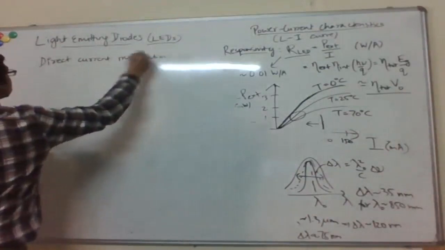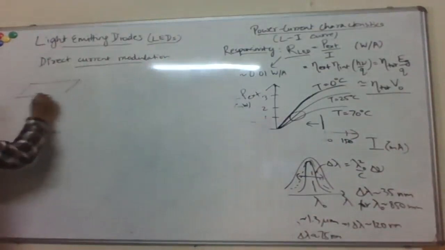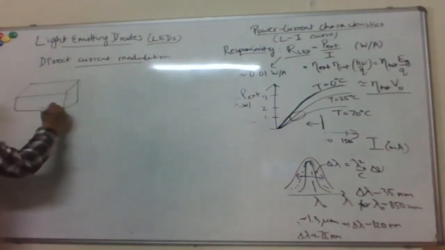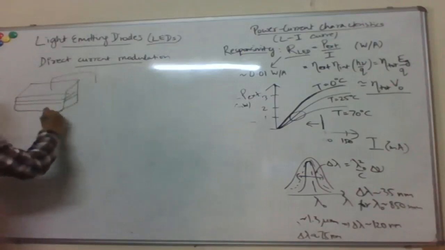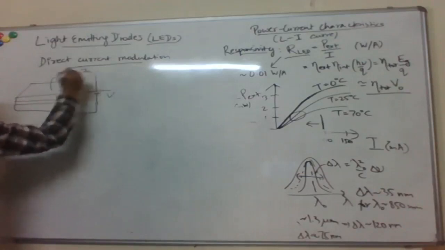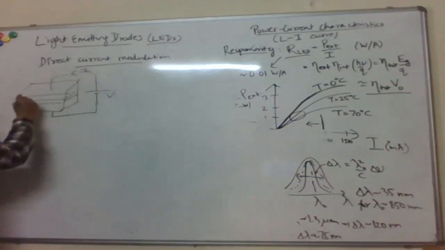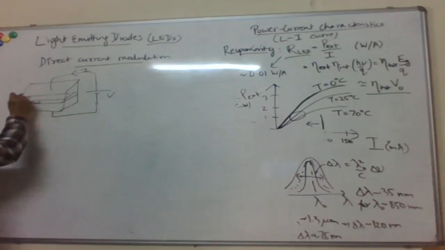Okay, so again, we have this device here. I'm sending current. Let's say the device could have some cross section here.